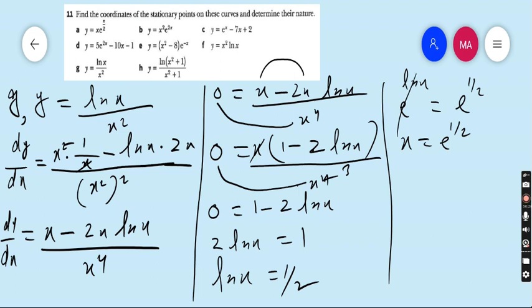I am checking again. Kindly wait. I am finding is there any mistake or not, because the answer in the book is root e. Maybe I am wrong, so I am checking.